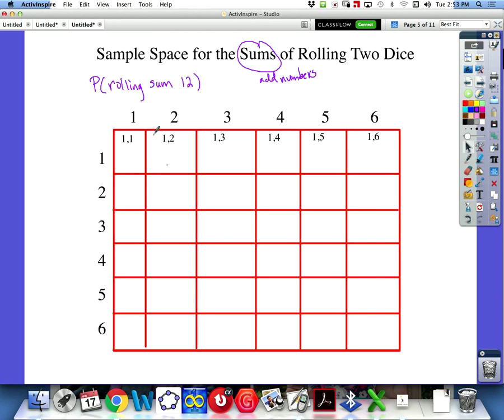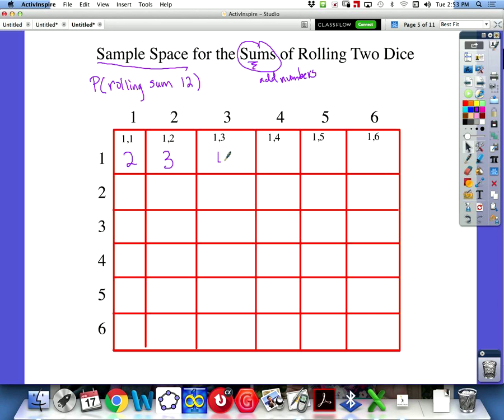And what I've done is I've created a sample space. A sample space is a picture that lets us create 2 events to see what all the possible outcomes are. So here I've already written in, if this is a 1 and a 1, that means this box represents 1 and 1. And since we're looking at sums, the sum of 1 and 1 is 2. This box represents rolling a 1 and a 2, so the sum is 3.